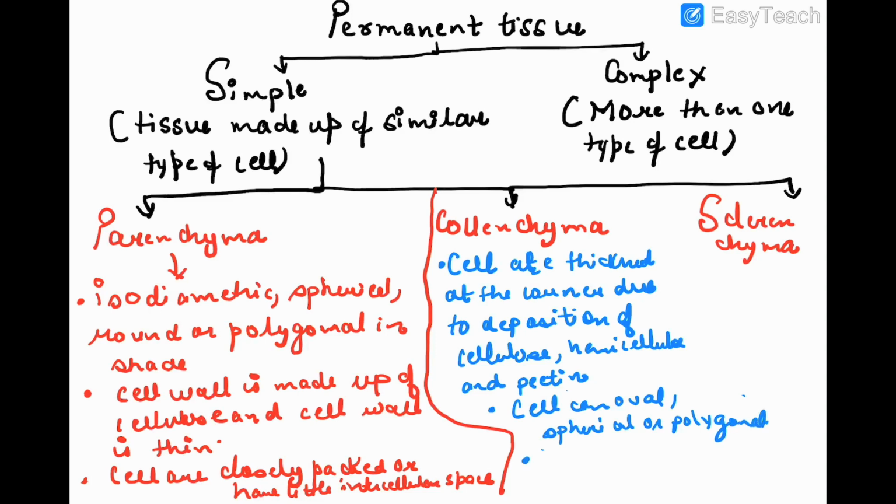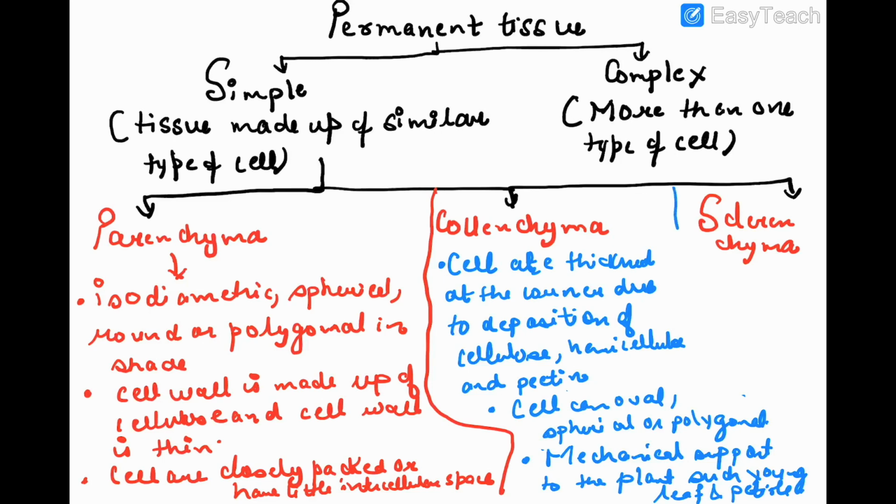And the function of collenchyma is giving mechanical support to the plant, such as giving support to the young leaf and petiole of the leaf, etc. Now, let us talk about sclerenchyma.